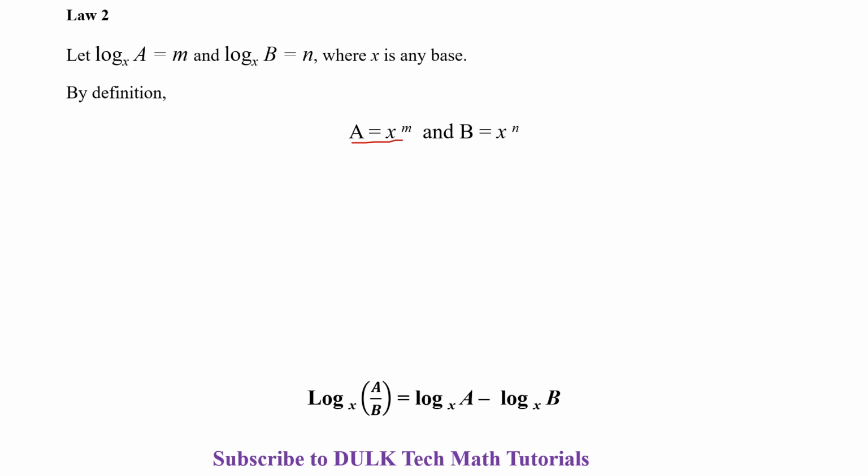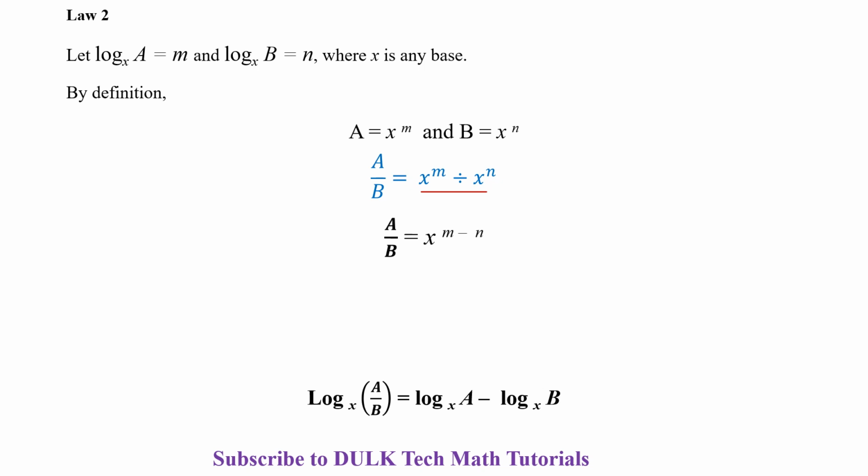At the same time, log b base x is equal to n can be written as b is equal to x to the power n. Now I want to divide a by b like this. Then, according to the laws of indices, when I am dividing indices of the same base, I can just subtract the powers. Like this. Right.